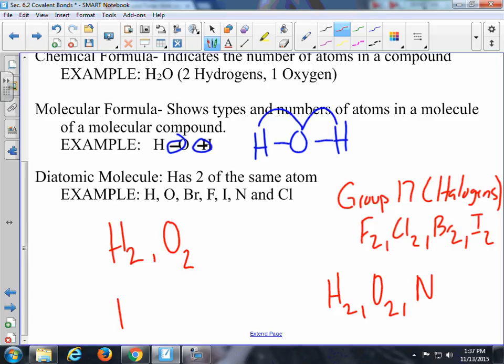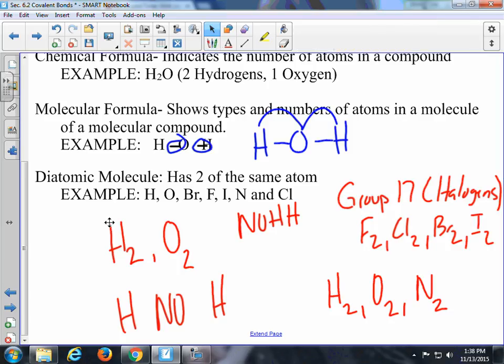I've always said hydrogen, nitrogen, oxygen, halogens, which stands for heck no, that's the halogens. Or you can come up with whatever you want to remember that. Or you can just say no and have it be NOHH. However you want to remember the diatomic molecules: fluorine, chlorine, bromine, iodine, which are the halogens, and then hydrogen, oxygen, and nitrogen. Sorry, that should be N2, nitrogen.